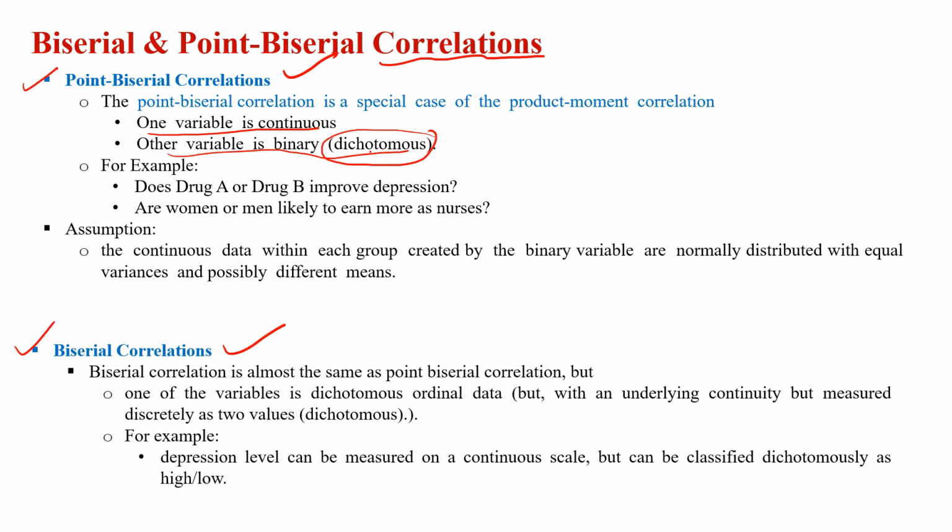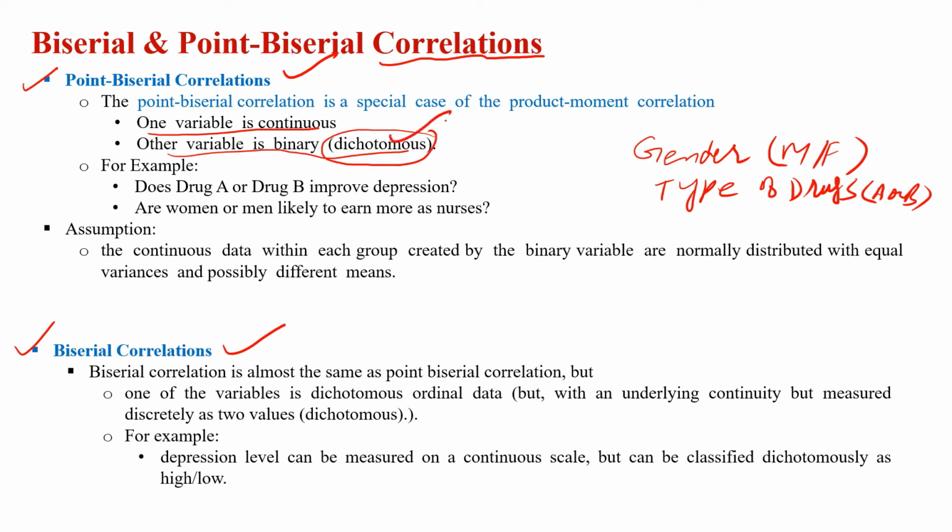If the dichotomous variable is a true dichotomous, such as gender, male and female, where there are only two categories, or the type of drug, if we have only two types, A or B, then in such a case we can apply the point biserial.